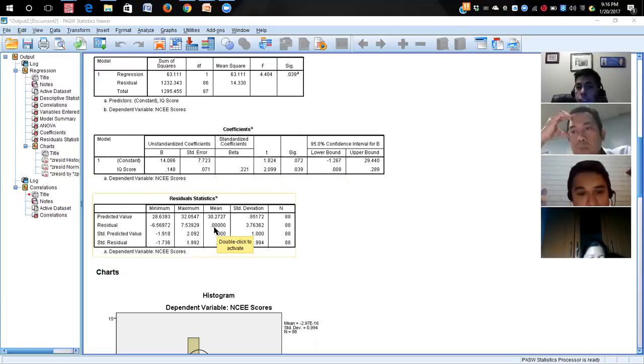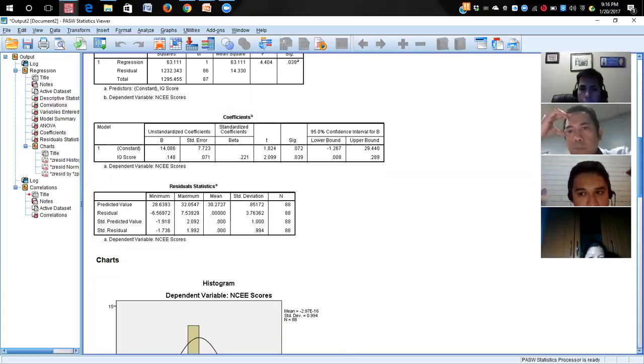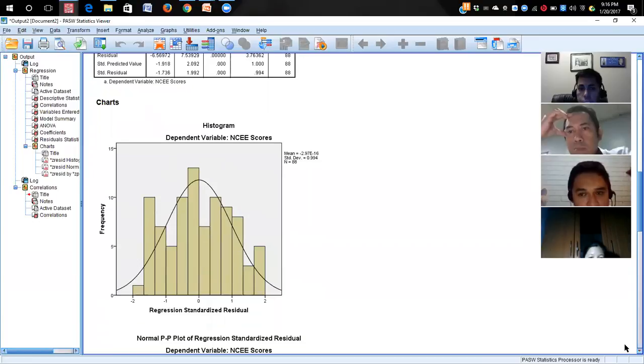So this here is 0.00. That tells you that it meets the assumption of homoscedasticity or homogeneity of the variance. Going down, we still have to check the histogram, and that looks like the regression of the standardized residual is normally distributed.